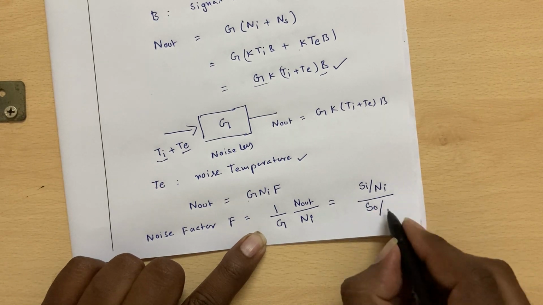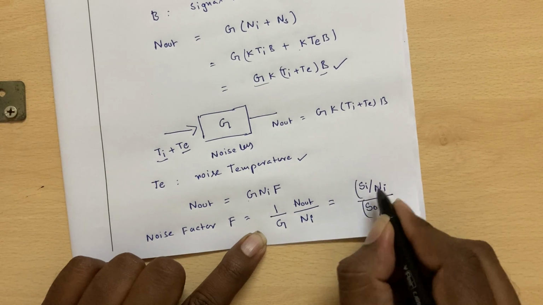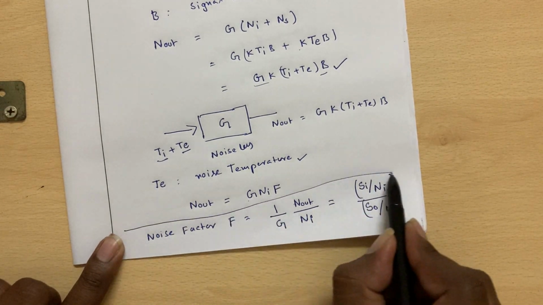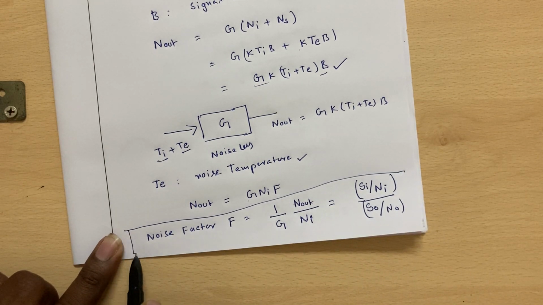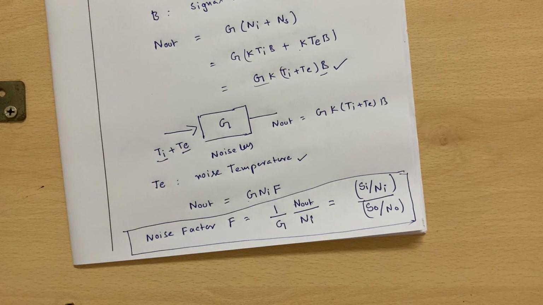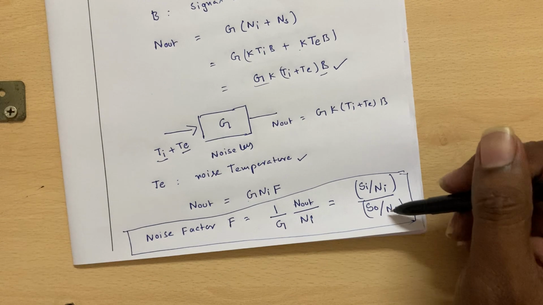So if you multiply with this, you can change this equation like this. So the original definition of noise factor is the input SNR divided by the output SNR of the block.